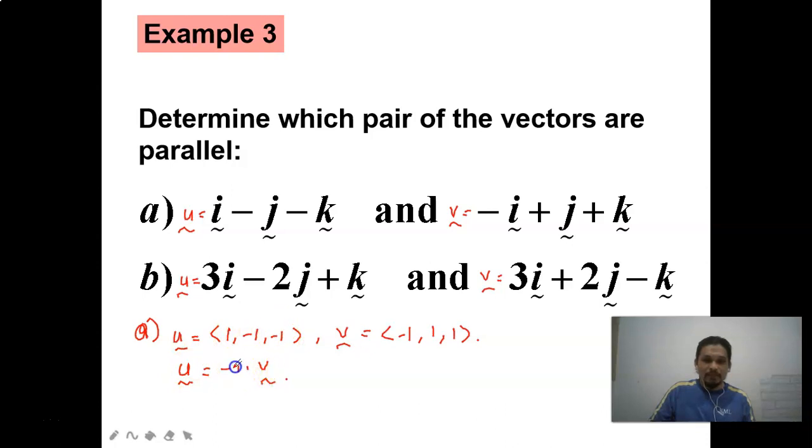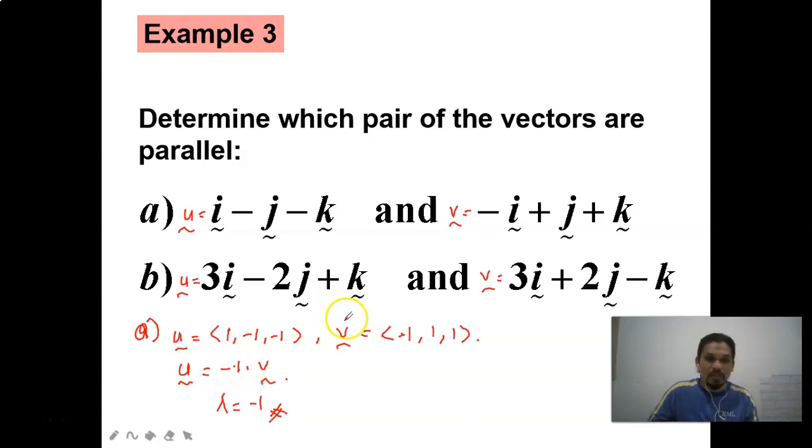So negative 1 multiplied by vector V: negative 1 times negative 1 equals 1, negative 1 times 1 equals negative 1, negative 1 times 1 equals negative 1. So the value of lambda here equals negative 1.